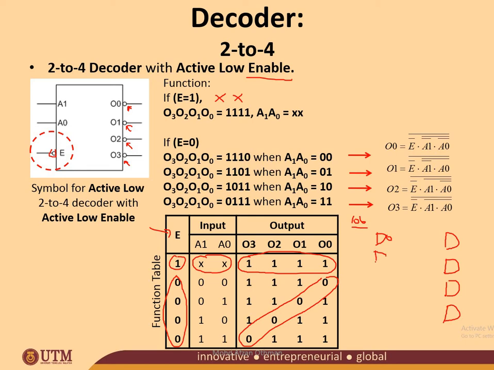We have NOT gates here, and you have your A1 and A0. This is the arrangement. I draw it very fast, sorry for the bad drawing.